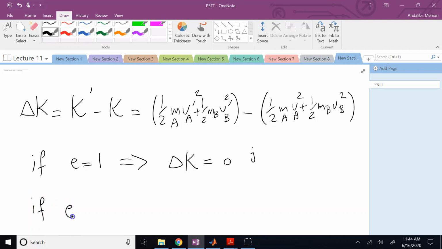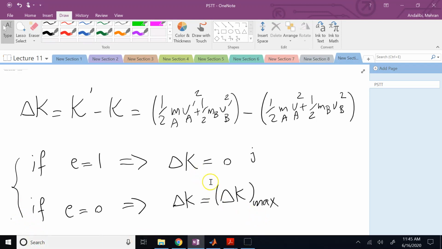If E is 0, then this is going to be its max value. How much is max? Well, it depends on the initial value and the final values of the primes. But if there is a max, this max would happen at E equal 0. Okay? Because you're not going to lose typically all of the kinetic energy. Right?